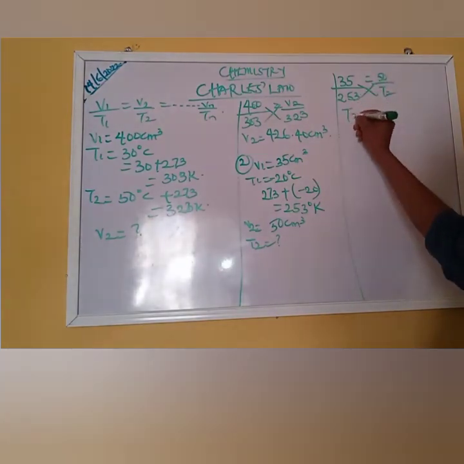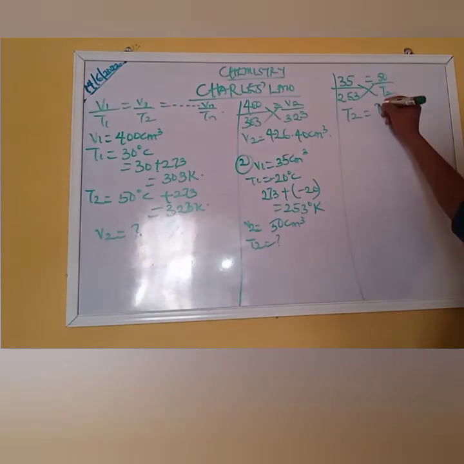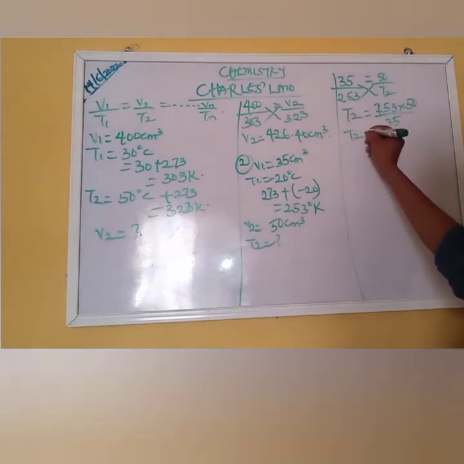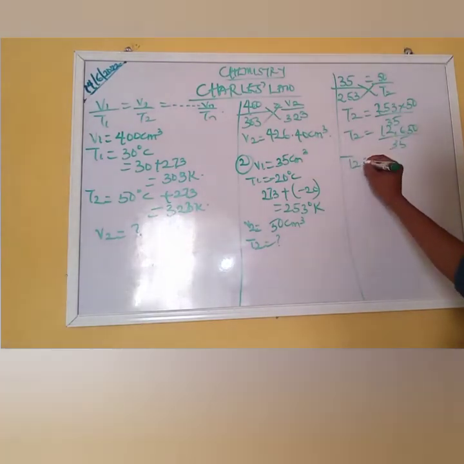Multiplying everything, T2 should therefore give me 253 times 50 over 35. My T2 is therefore 12,650 over 35.